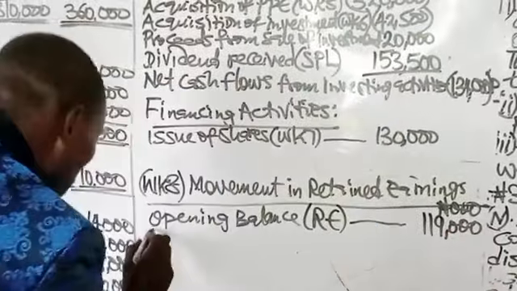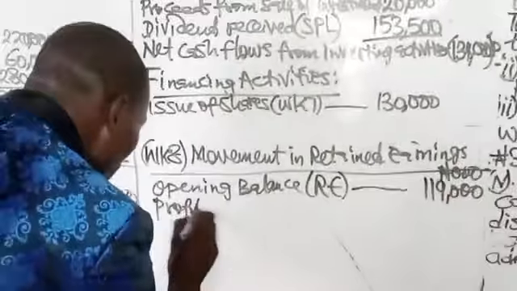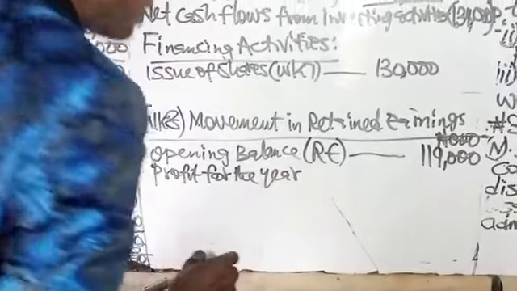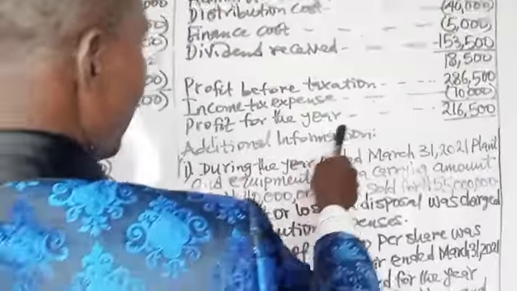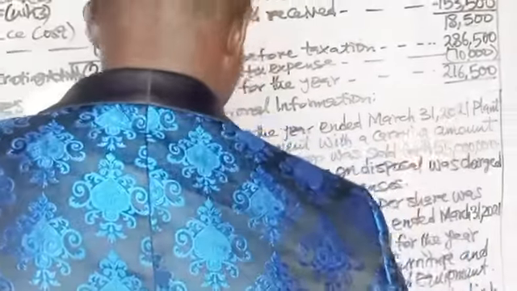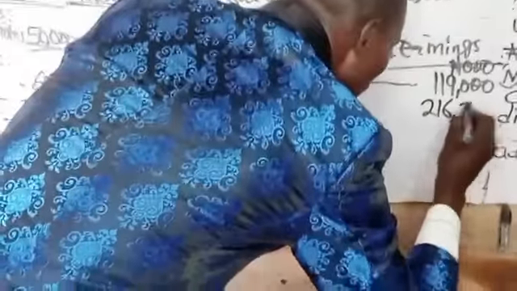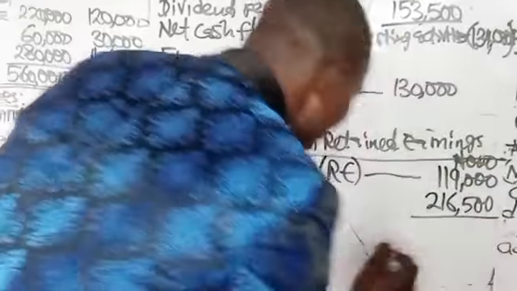Then from the statement of profit or loss, you have profit for the year. Now, let's go back to the statement of profit or loss. How much is the profit for the year? Profit for the year, 216,500.